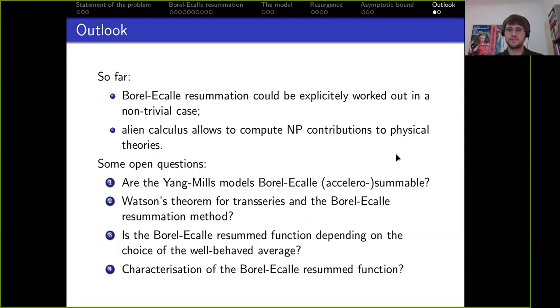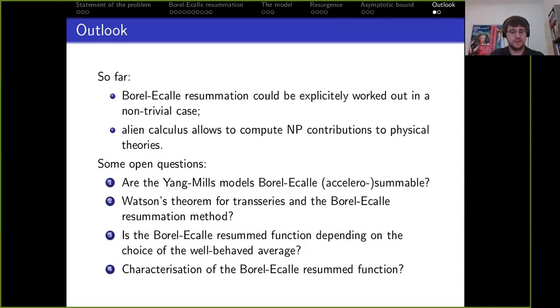A theorem that tells you if I have a function that is Borel-Écalle summable, then what I obtain via the Borel-Écalle summation methods can be approximated by a trans-series with some analytical bound on the error of the approximation.